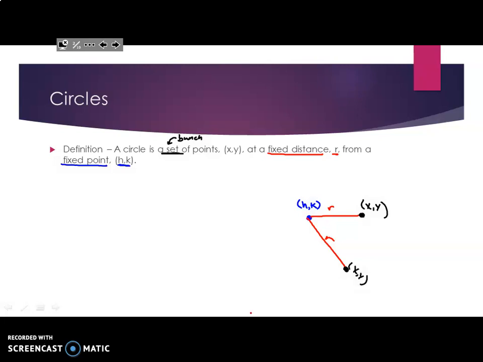I keep taking this fixed distance r, and it's the same distance. So each of these is the same distance, and every time I do this, I find another point. I keep forgetting my parentheses, sorry. So I keep taking that fixed distance, and I'm finding a bunch of x, y points.